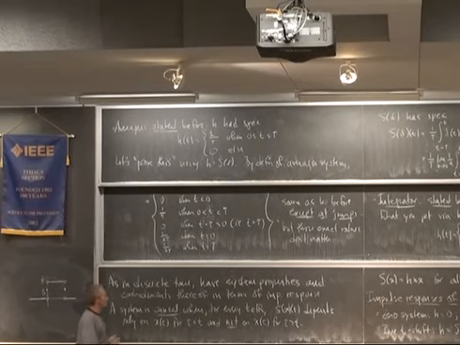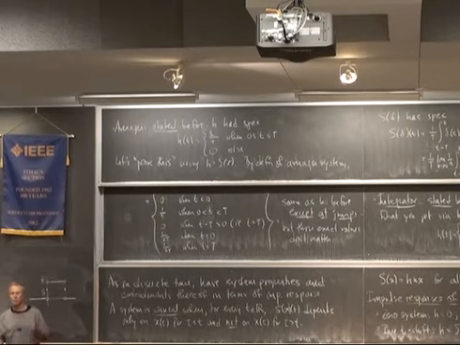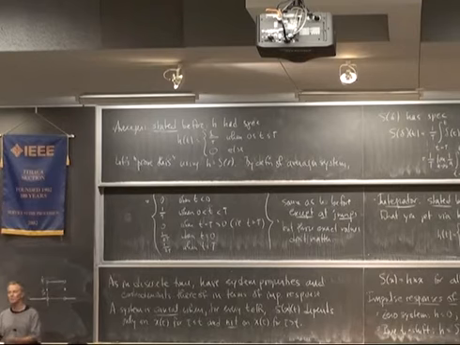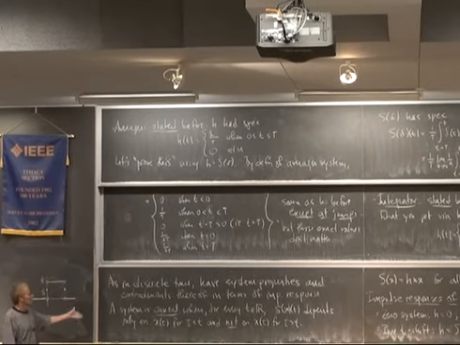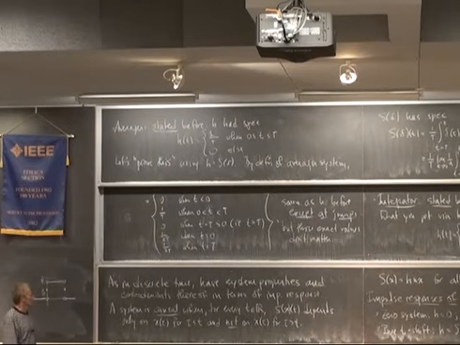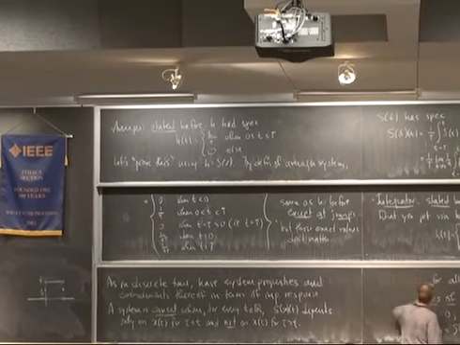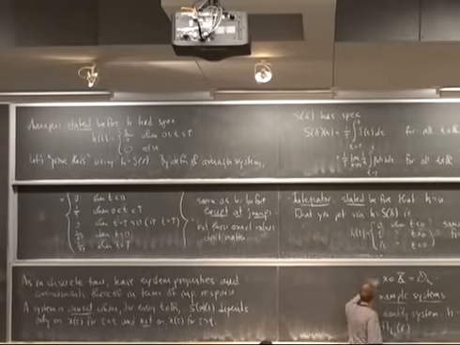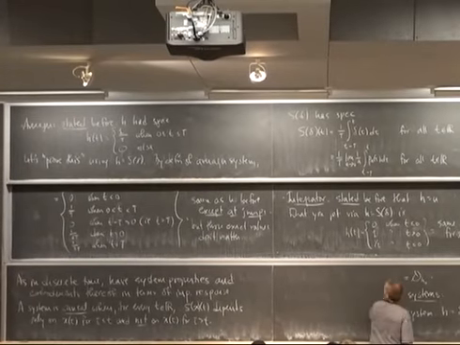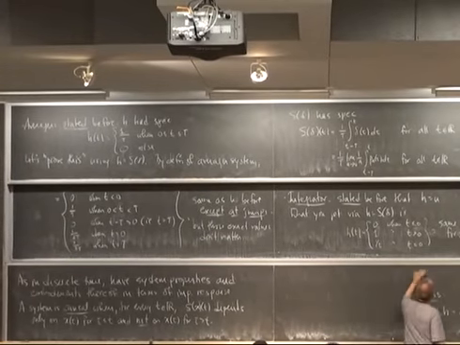The official definition is, if you have two inputs, x1 and x2, that agree up to and including time t, then the corresponding outputs have to agree up to and including time t. But that's the same idea as this. What about the impulse response is equivalent to causality?